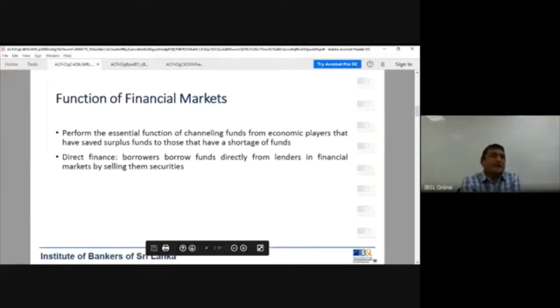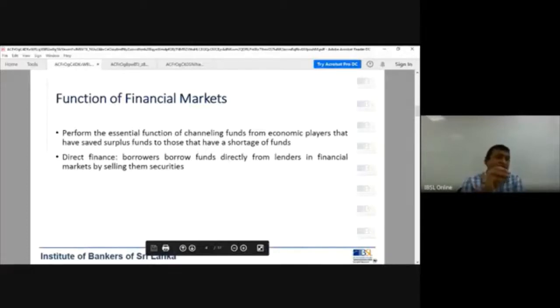Direct finance is where you yourself make arrangements to issue financial assets, and the investors directly buy from you, right? You don't go through intermediaries, like a bank funding your company. The bank is not the final investor.